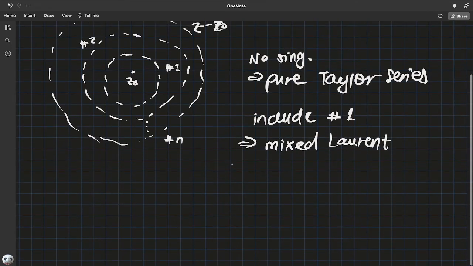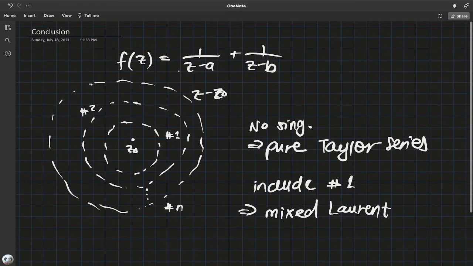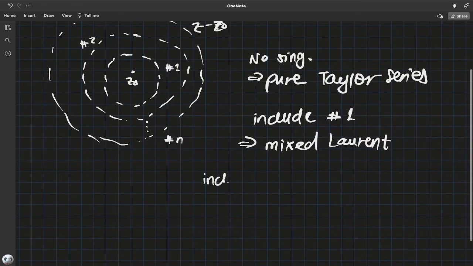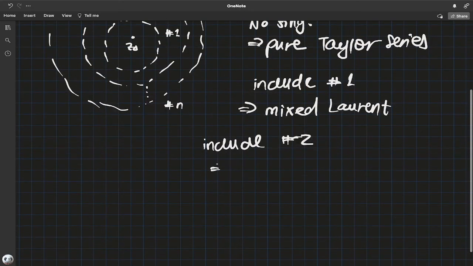We included 2, which was the final singularity point for this function, and we got just the negative. But assuming we have n number of these, then we'll again get a different mixed Laurent.